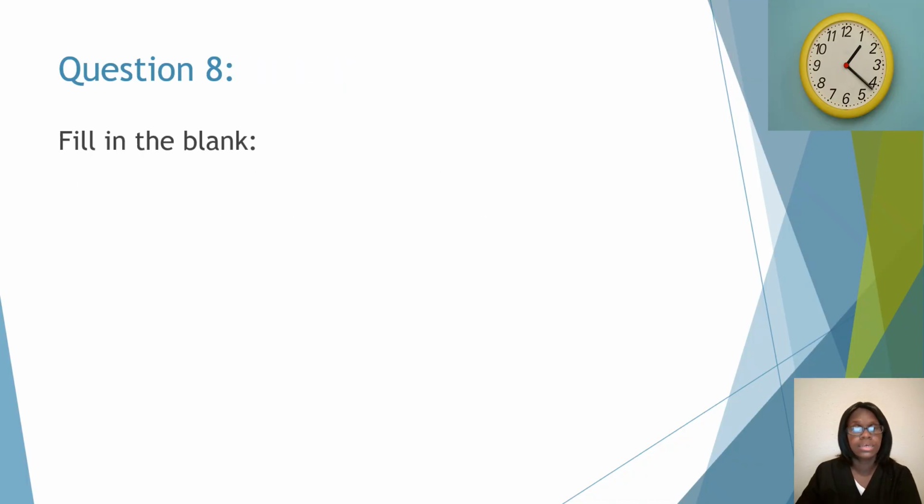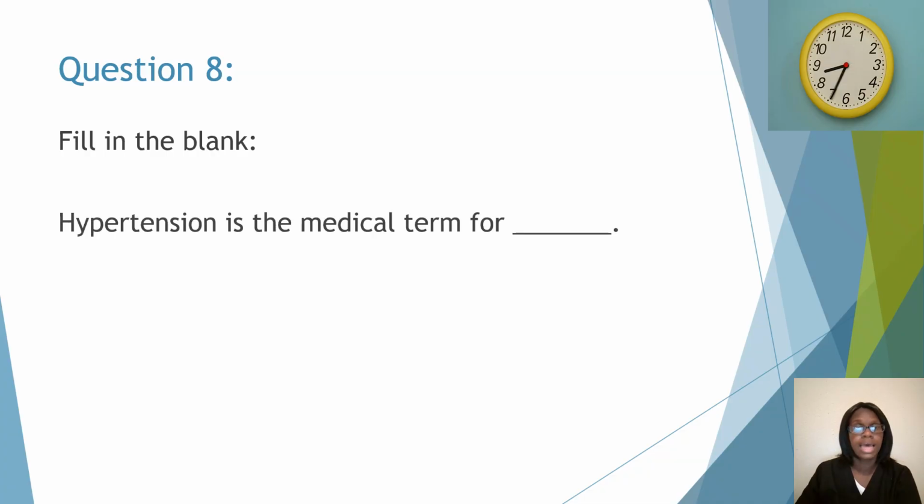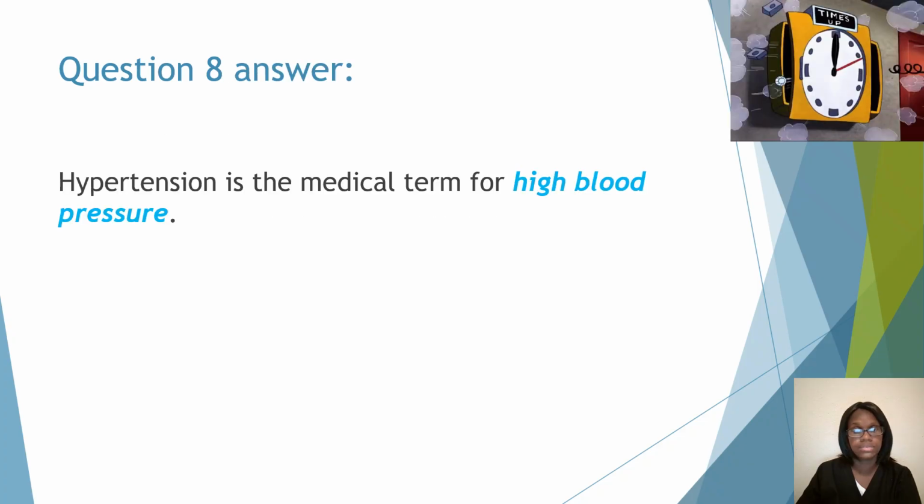Question 8, fill in the blank. Hypertension is the medical term for... okay, the correct answer is high blood pressure. So hypertension is the medical term for high blood pressure.